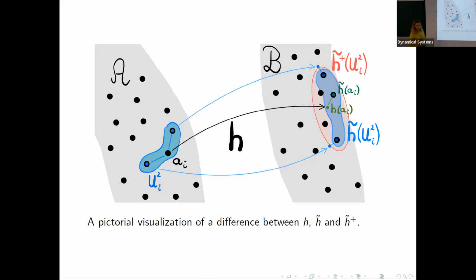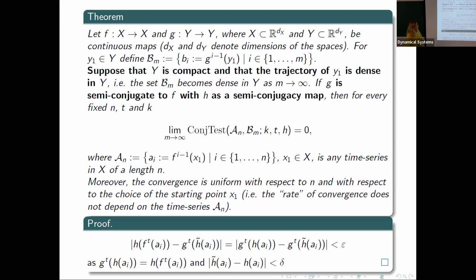So we have 2 tests of assessing the similarity between 2 time series given by some corresponding matching H.